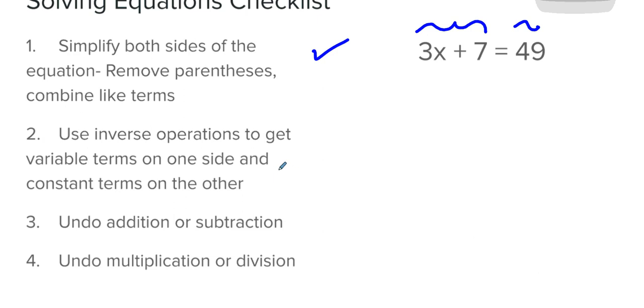Now let's get the variable terms. This is one where we have to say, okay, and now it's a two-step equation. What do we do with two-step equations? Well, we minus 7, so 3x is equal to 42. And now we're down to, hey, look, we're down to a one-step equation again. And x is equal to 14.